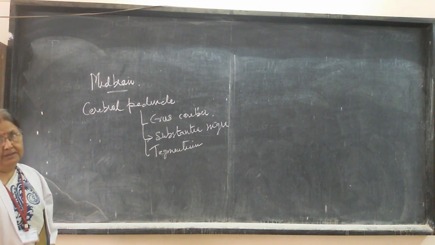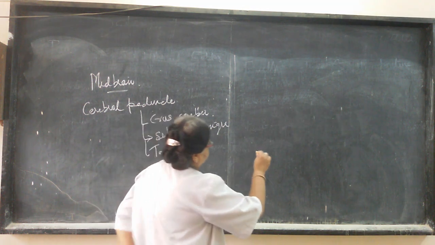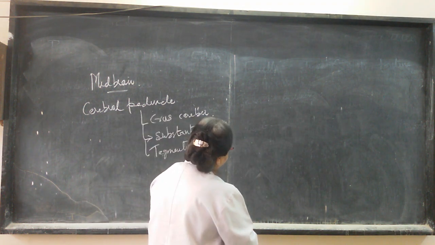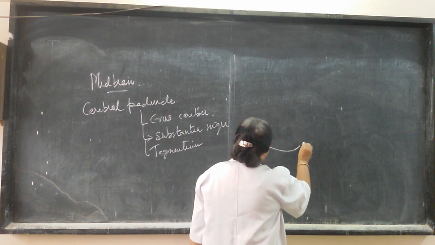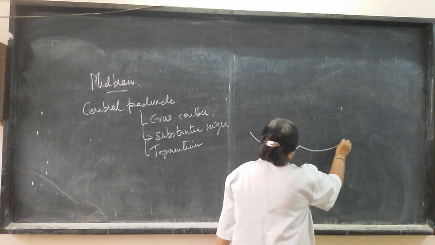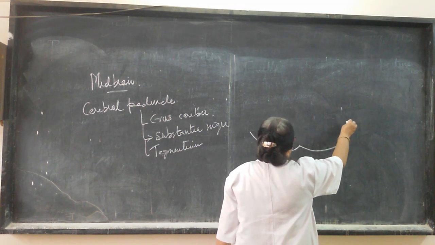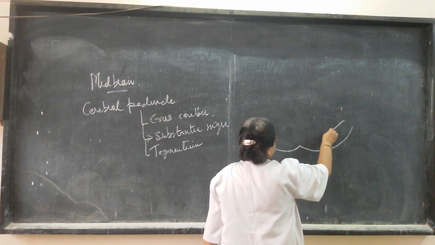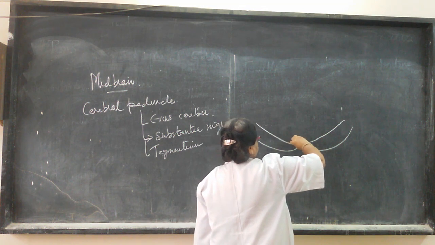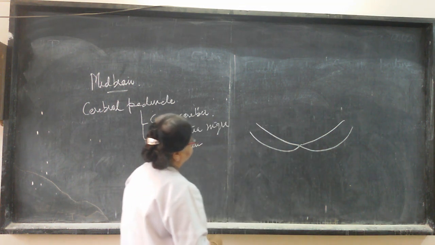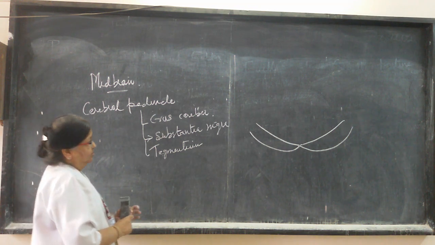This is formed by white fibers. This part is the crus cerebri.